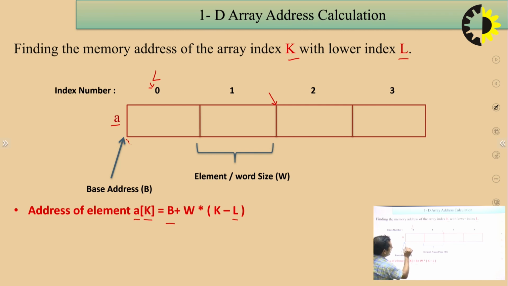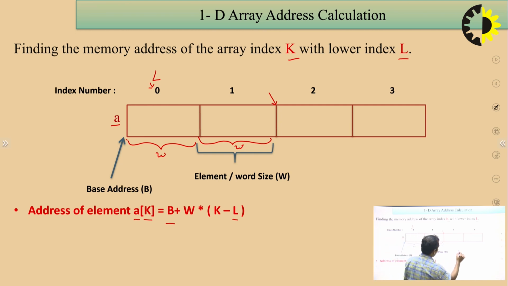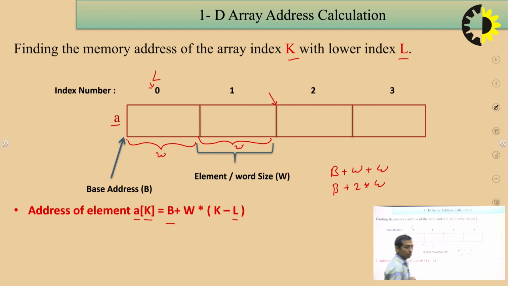This is W and this is W. So, this is the base address B plus W, meaning B plus 2 into W. So, actually the formula comes from here.